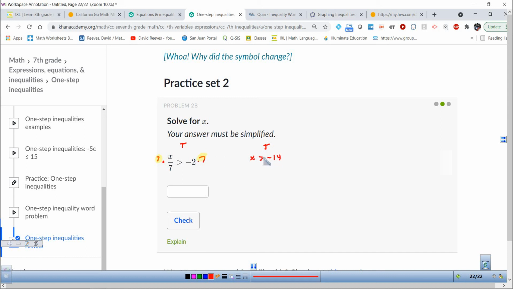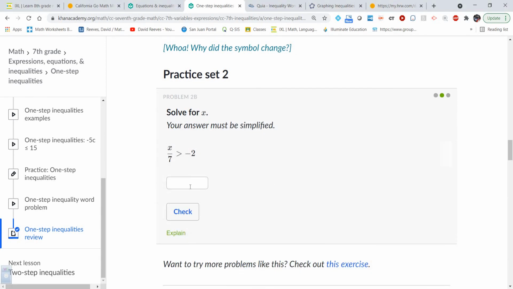I don't need to change the inequality sign because I multiplied by a positive number. Yes, that 2 is negative, but that's not what I multiplied by. I multiplied by a positive 7. Let's see if I can get it right this time. All right, how about we say that x is greater than, because it did not change, negative 14 was the answer we were looking for.